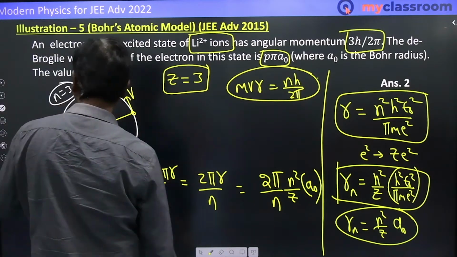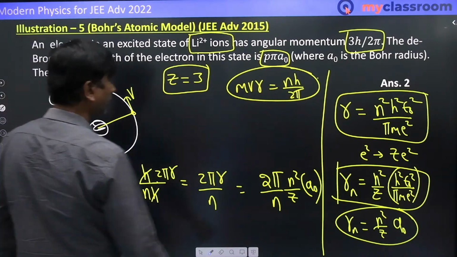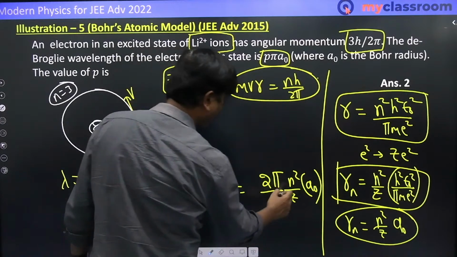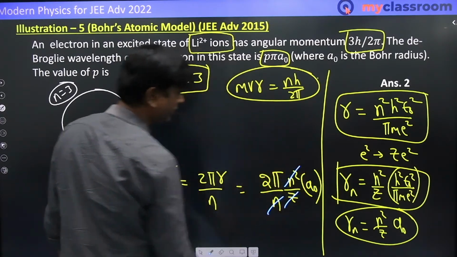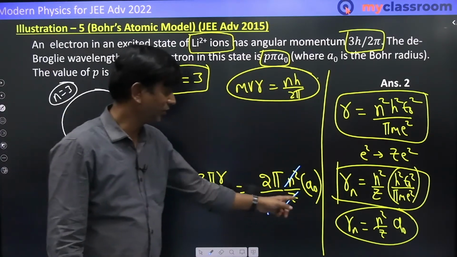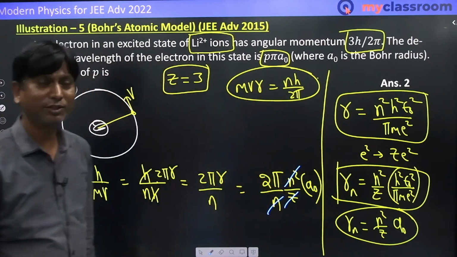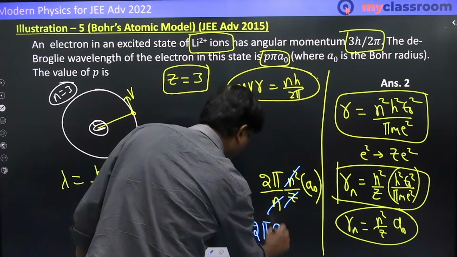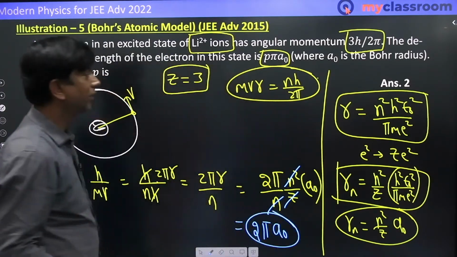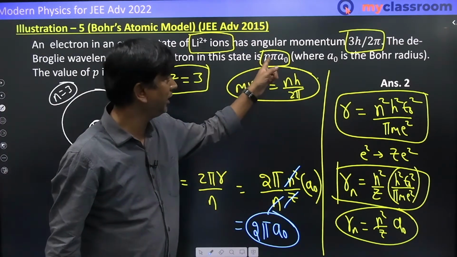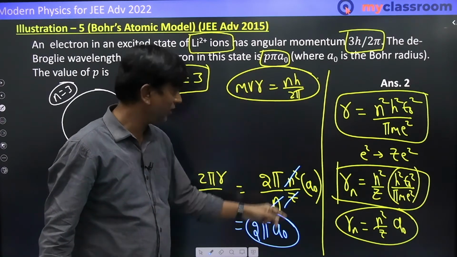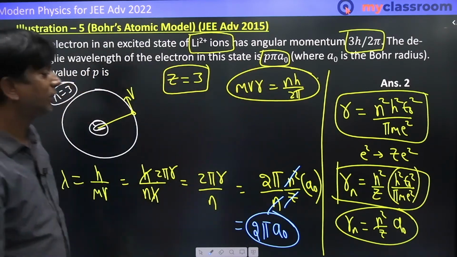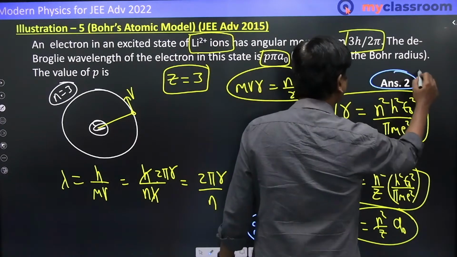Z is what? 3. So 3 into 3 is 9, n square also 3 square is 9, gone. So you will get the answer as 2 pi a naught, which you are writing as p into pi a naught. So the value of p will be 2, will be the answer.